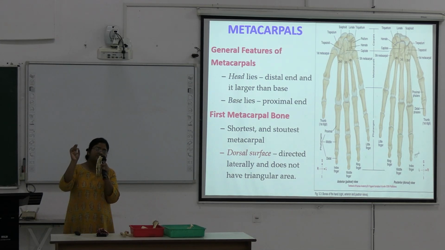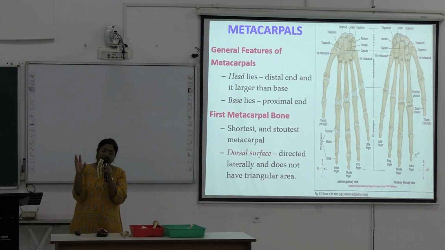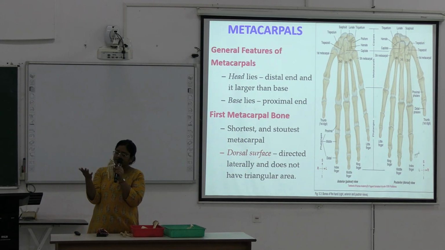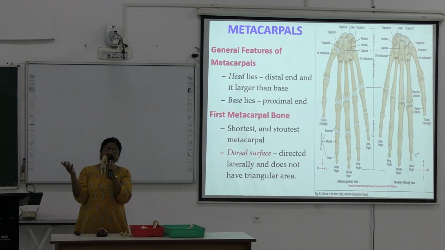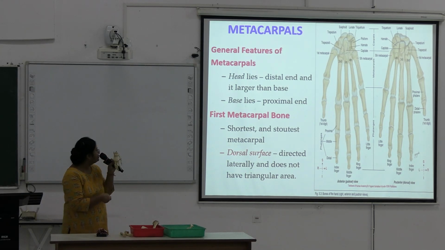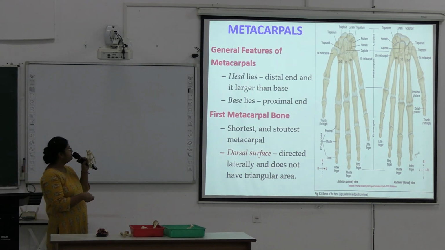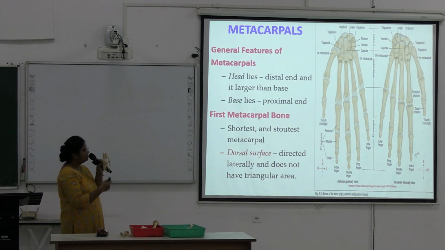This movement is known as opposition. For this movement to occur, the metacarpal of the thumb is rotated 90 degrees. That's why its dorsal surface is directed laterally and it does not have any triangular area here.